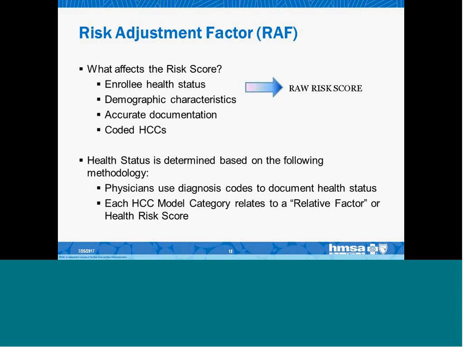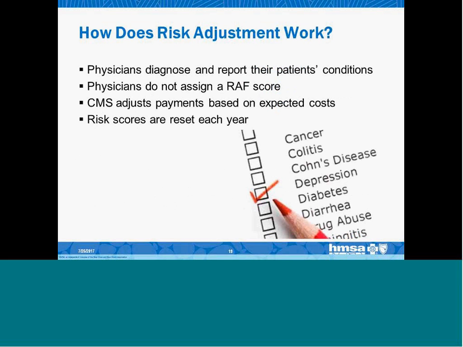Physicians care for and follow proper guidelines, document care for the patient in their charts, and then the chart documentation is coded and submitted as a claim. In the risk adjustment and HCC payment model, physicians diagnose and report all of their patients' conditions, whether they're acute, chronic, or coexisting.